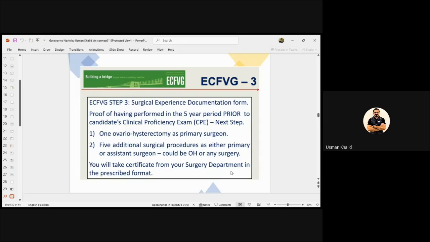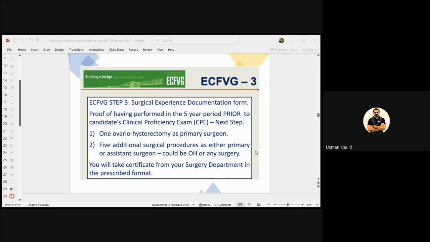So the third step, I will say, is surgical experience documentation. There are some forms that you need to fill, that can be filled by one of your juniors, classmates or seniors who have a clinic or something like this.